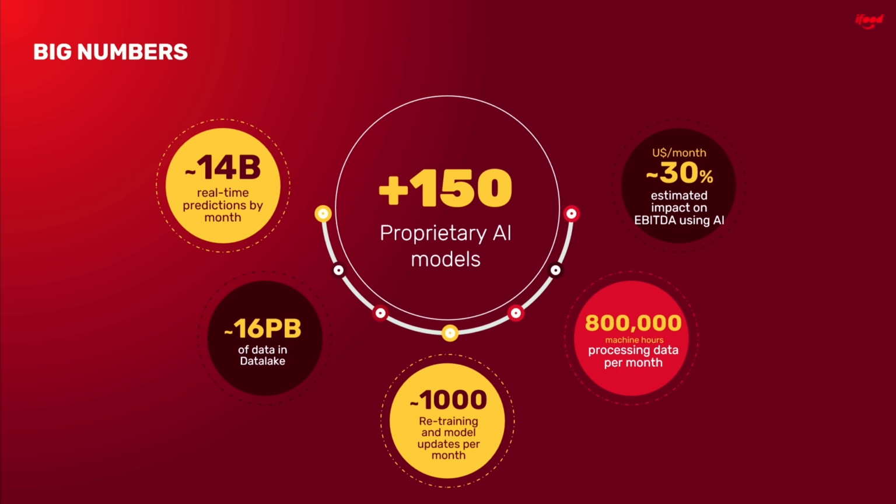We do a lot of retraining, more than 1,000 retraining and model updates per month. In Brazil, we are one of the top Databricks consumers. We have more than 800,000 machine hours processing data per month, and we are already observing a huge impact of AI in our revenue. We estimate about 30% of EBITDA impact only by AI.